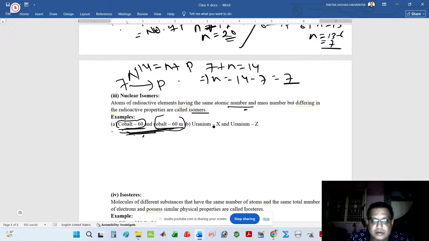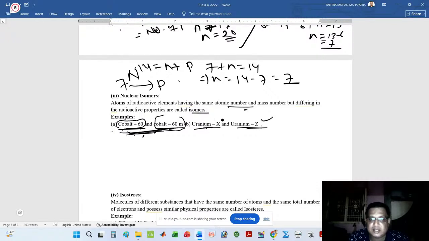Similarly, you can check uranium X and uranium Z. Here also the atomic number and mass number are the same. That means the atomic number of uranium X is the same as the atomic number of uranium Z. Similarly, the mass number of uranium X is equal to the mass number of uranium Z. They are the same, but the difference is the radioactive property.